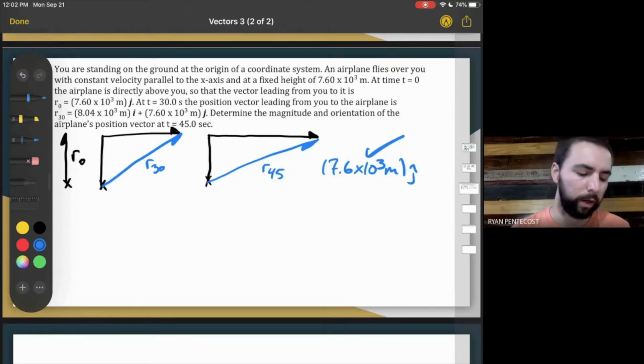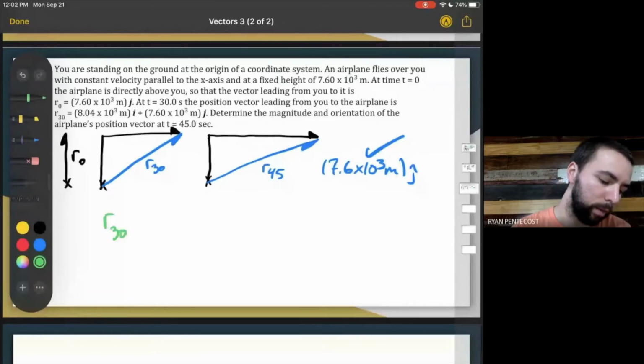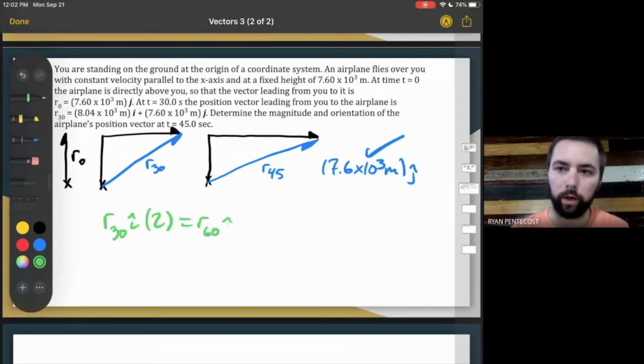Real quick shortcut that you can do for this, right? Say, for example, you wanted to know the x component at 1 minute, right? Because we know what it is at 30 seconds. So what would it be at 1 minute? Well, at constant velocity, you would take that r30 i component, multiply it by 2 to get the r60 i component, right?